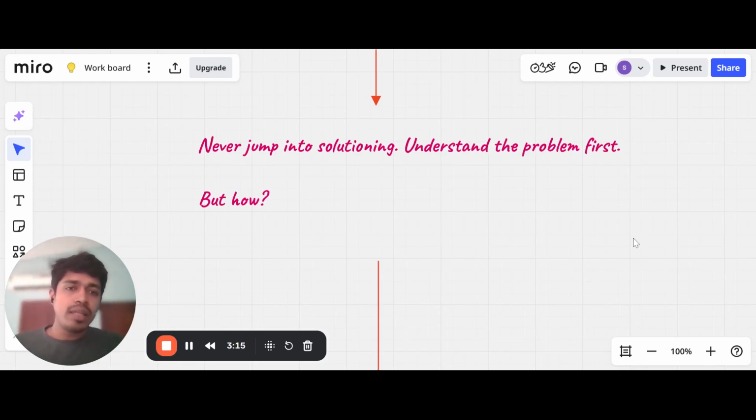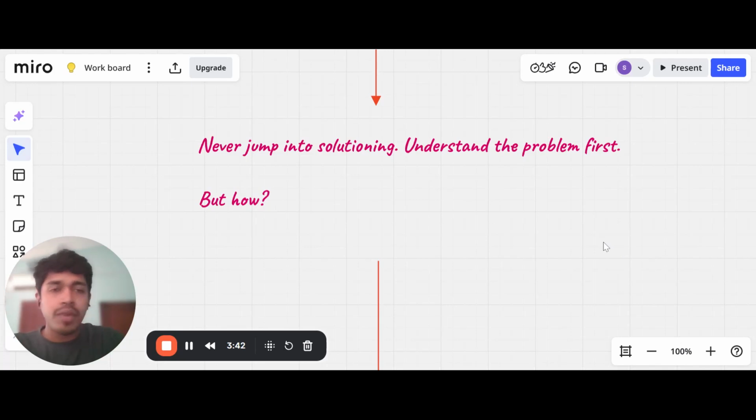So I'm trying to come up with a framework or a list of components around which we can ask those clarifying questions, so that whenever we get a problem statement, we will ask a particular set of questions around a set of components and we'll understand the problem.